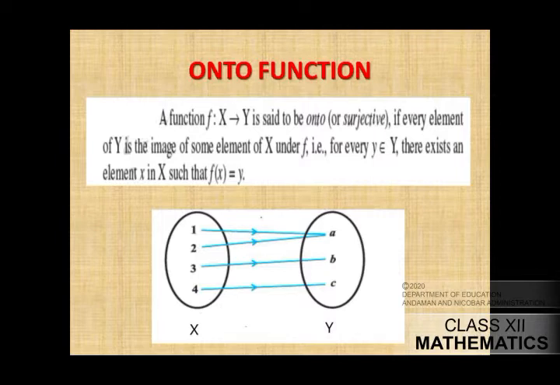In x you see the numbers are 1, 2, 3, 4. In the second set you have a, b, c. You can see here the image of 1 is a, the image of 2 is a, 3 is b and 4 is c.